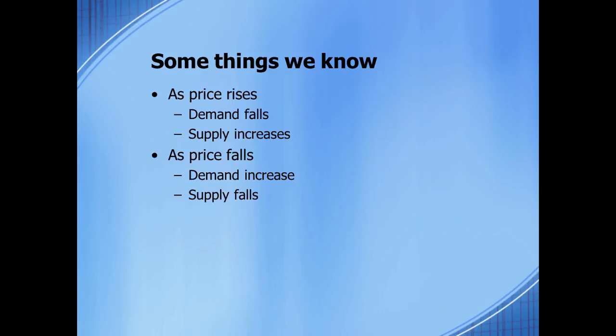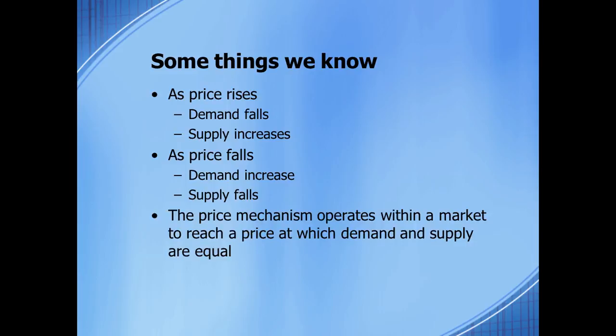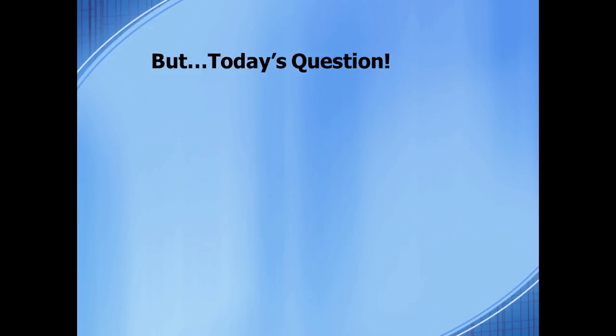Demand increases, consumers want to buy more of a particular product, but supply falls, and suppliers want to produce less of the product. The price mechanism operates within a market to reach a price at which demand and supply are equal, otherwise known as reaching the equilibrium. We see shifts in other curves, and the price mechanism kicks in to correct the surpluses or shortages. So that's a recap over the past.